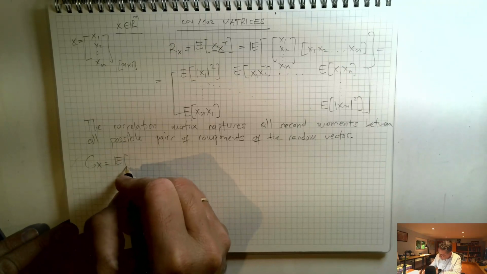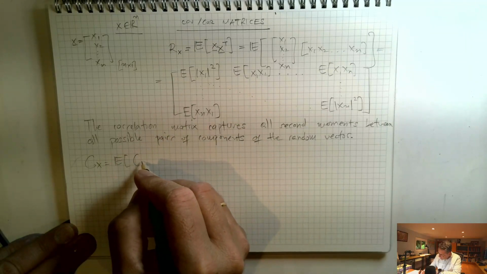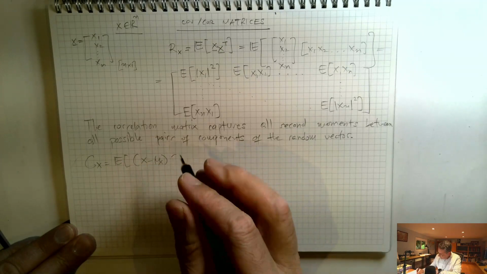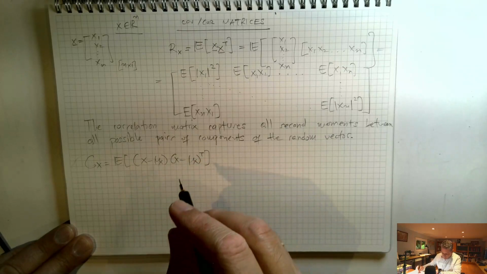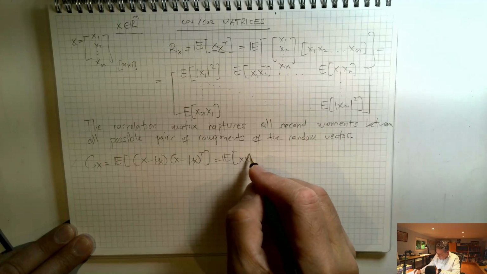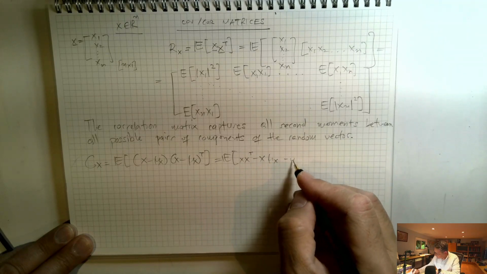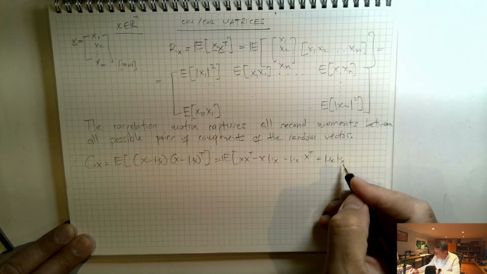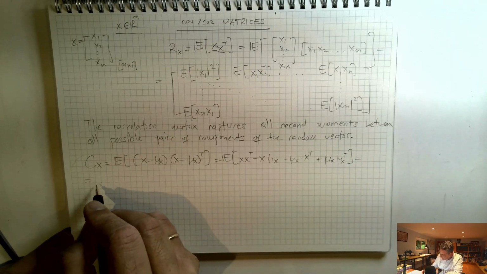It's an expectation of, now we have to subtract the mean, let's call it mu x: (x minus mu x) times (x minus mu x) transpose. This is the expectation. Let me do the multiplication: x x transpose minus x mu x transpose minus mu x x transpose plus mu x mu x transpose. Let's take the expectation inside.